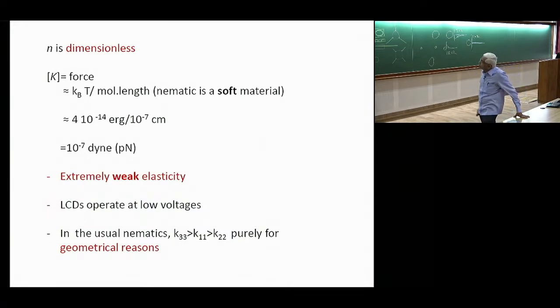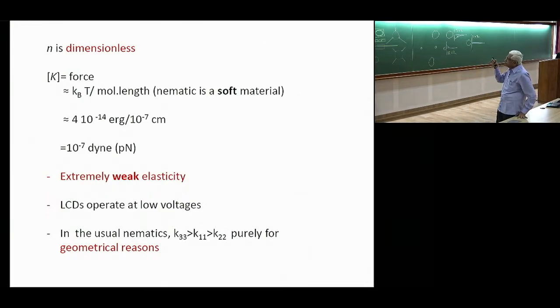Nematic is a soft material, and therefore you can simply estimate it as some thermal energy divided by some molecular dimension. That will come out to be around 10 to the power of minus 7 dyne, which is the order of magnitude of a piconewton, which is what you measure for a whole lot of systems.